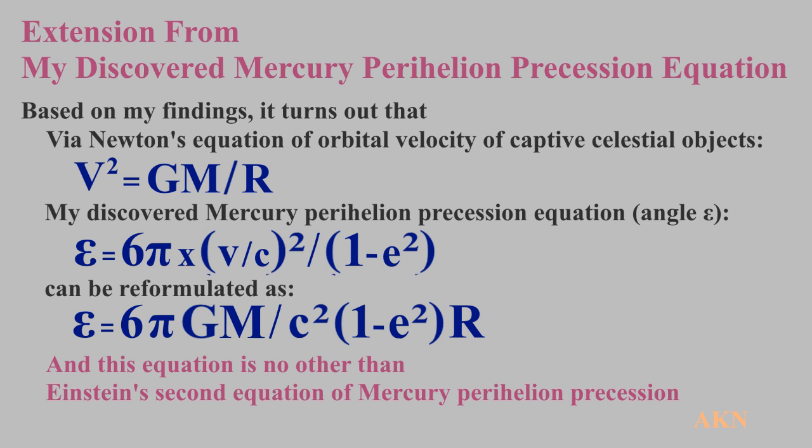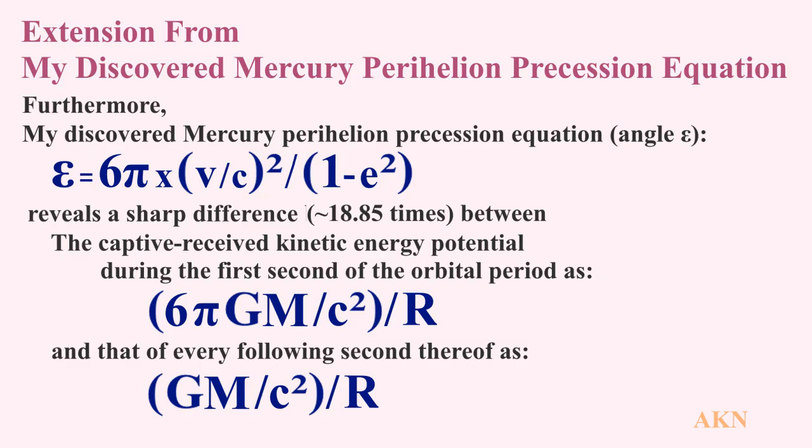And it turns out that the latest equation is no other than Einstein's second equation of Mercury perihelion precession angle.